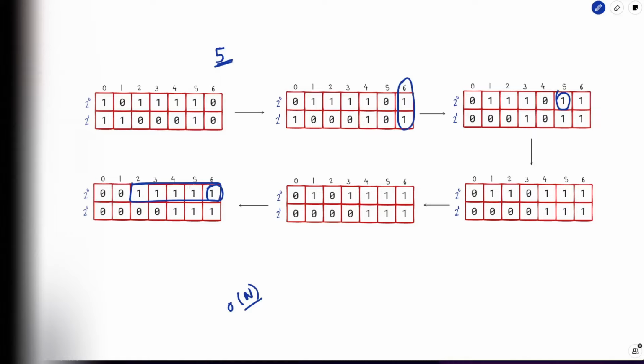Similarly, if you fix these two positions, basically you have taken 2 ones, so there will still be 3 ones remaining in this prefix somewhere, right? Where it will be, I'm not sure, and I don't care as well. I just want to know whether there is a 1 in the prefix or not, and we know that there will be at least 3 ones. So if there is a 1 in the prefix, I know that there will be 1 at the 4th index as well, and similarly we'll get the 1 at the 2 and 3 index as well.